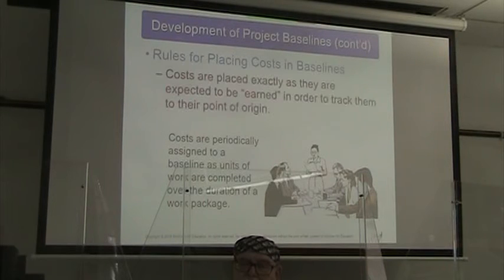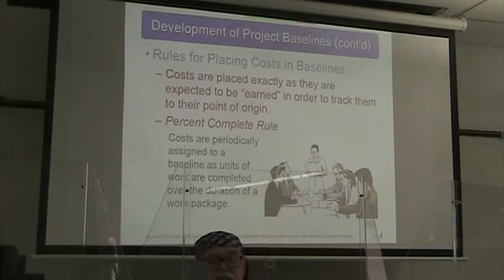All right, so the rules for placing costs in baselines. Costs are going to be placed exactly as they are expected to be earned in order to track them to their point of origin.